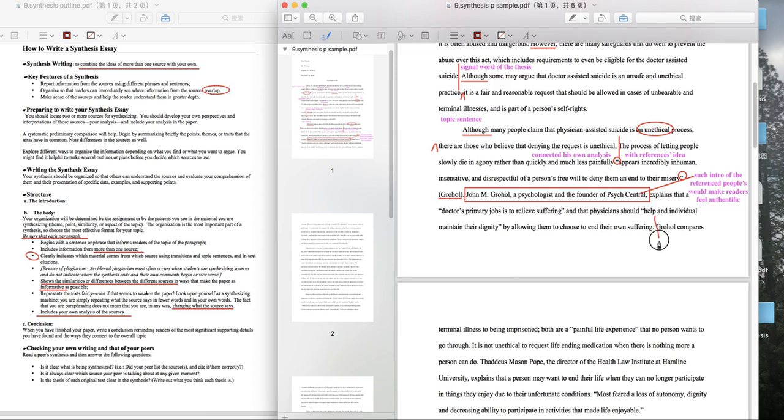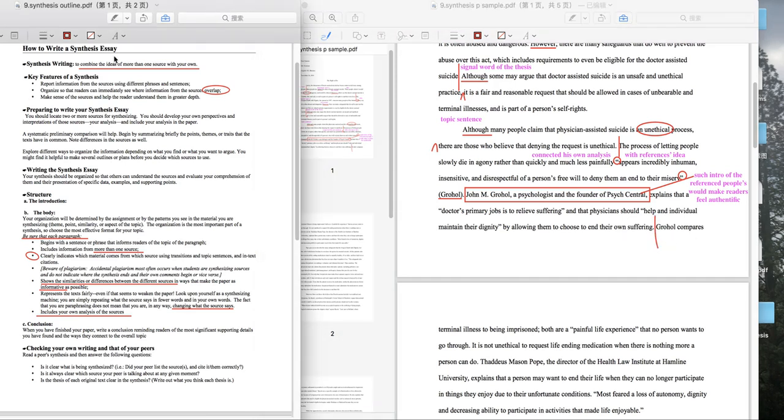Until here, let us return to this PDF. Did you find that these sentences clearly indicate which materials come from which source using transitions, a topic sentence, and in-text citations?